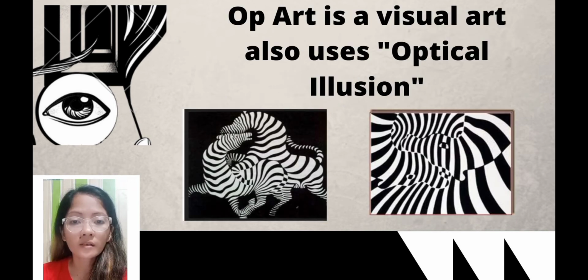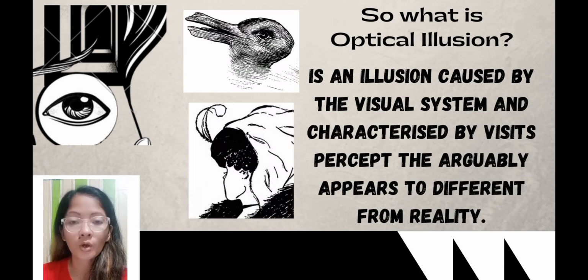Op art is a visual art that also uses optical illusions. So what is an optical illusion? An optical illusion is an illusion caused by the visual system and characterized by vivid perception that arguably appears different from reality.